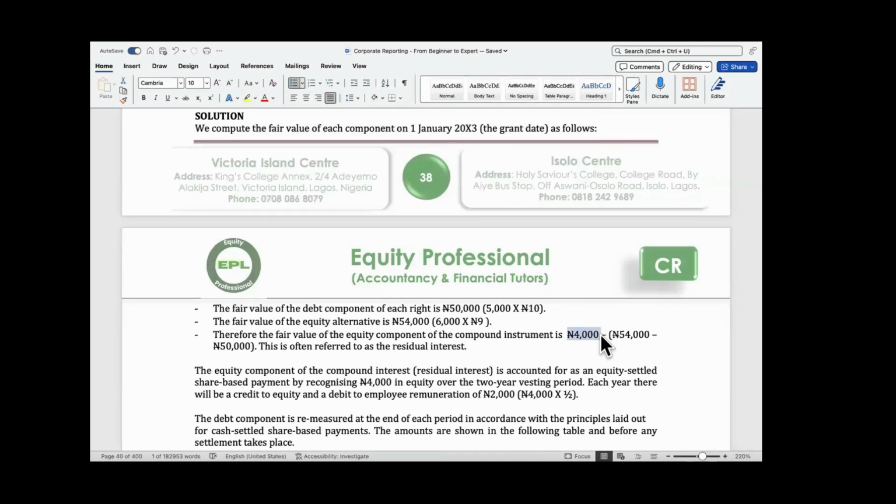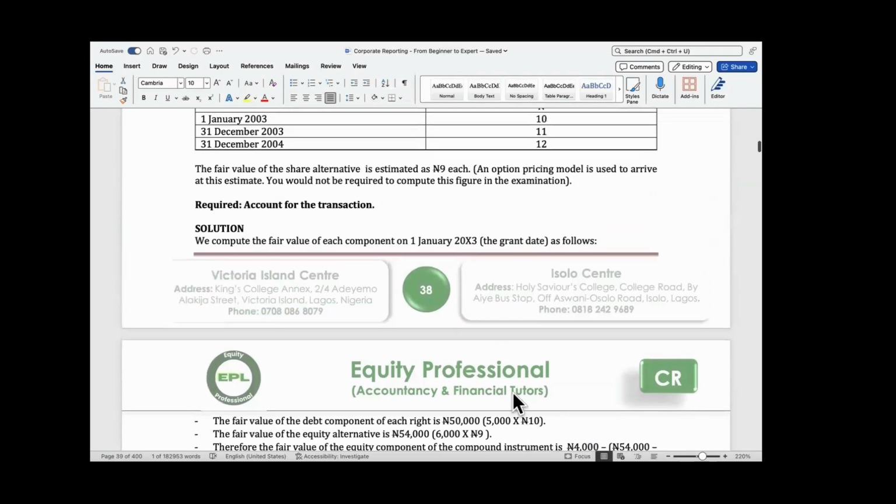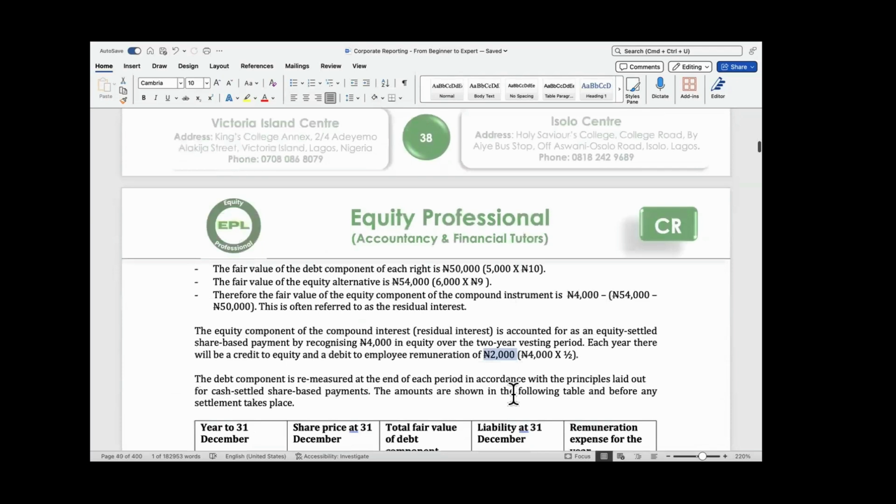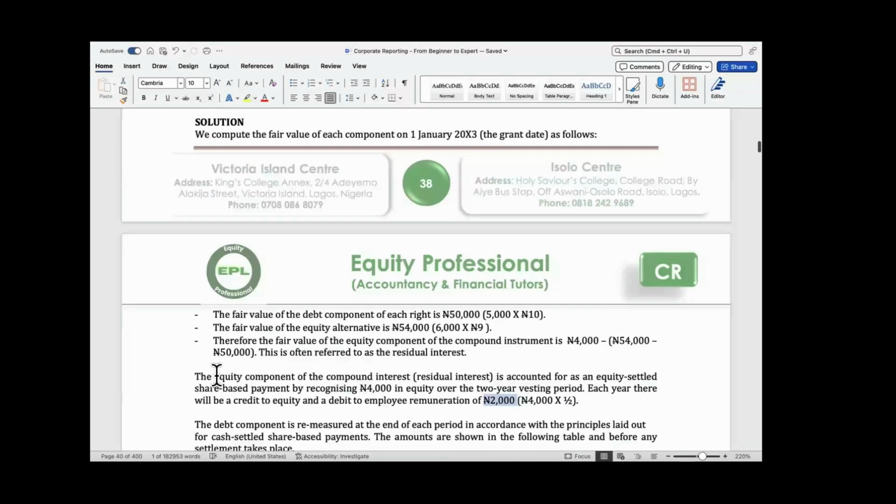So this 4,000, we're going to recognize over 2 years. So 2,000 naira each year, and they didn't tell us any of them will leave. That's how we're going to recognize the equity component.